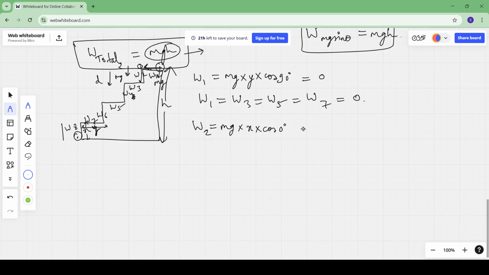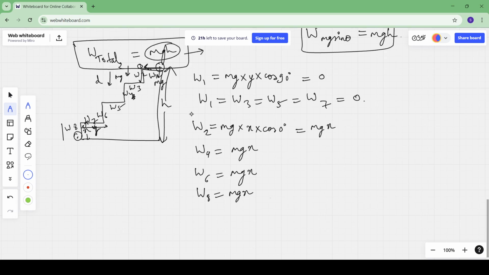Cos 0 is 1, so you will get mgx as W2. Similarly, if you calculate W4, you will get mgx, for W6 you will get mgx, and for W8 you will also get mgx.